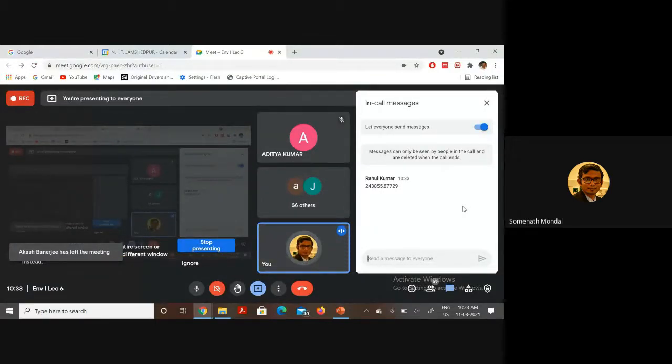Okay, Rahul Kumar says this is the value. So Y bar value, Rahul, you have to check it again. Yes, this is correct. Ankit Raj, the value which you have written is correct for y bar.